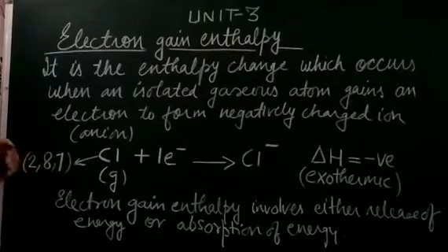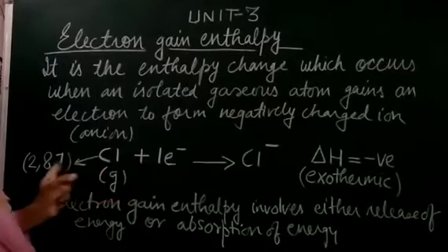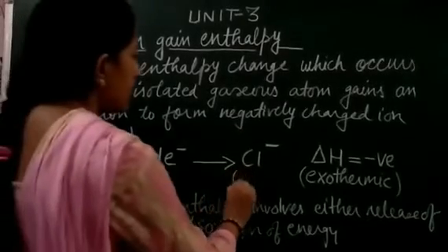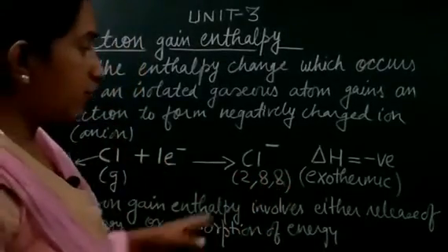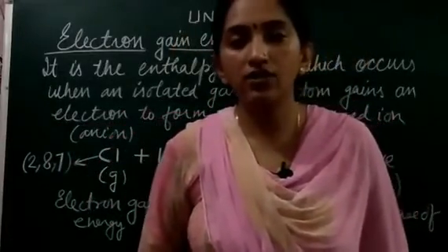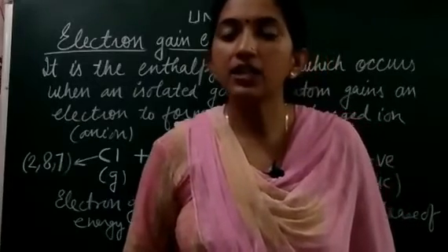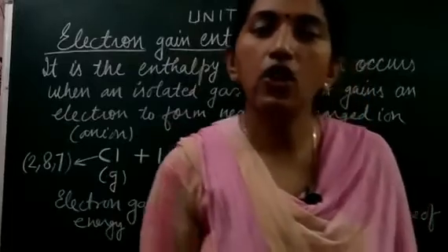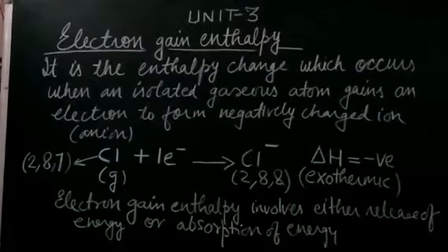So it will always have a greater tendency to accept the electron so that it gets the stable configuration. Therefore, in this case, the delta H, that is the enthalpy change of the reaction, is going to be exothermic, and it is denoted by negative electron gain enthalpy. So electron gain enthalpy can be either negative or positive.